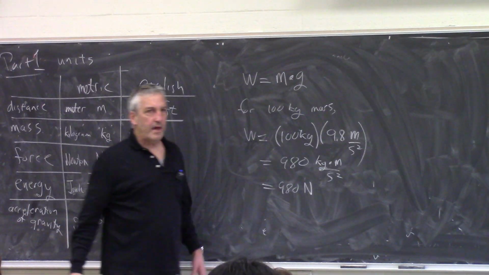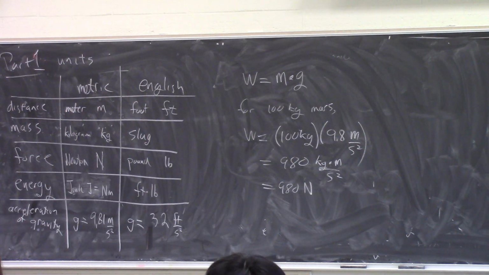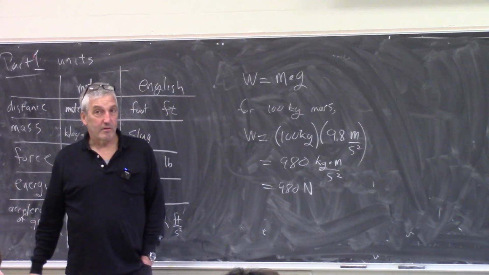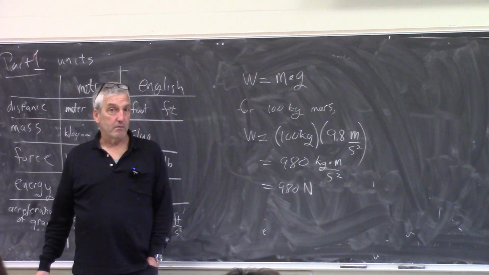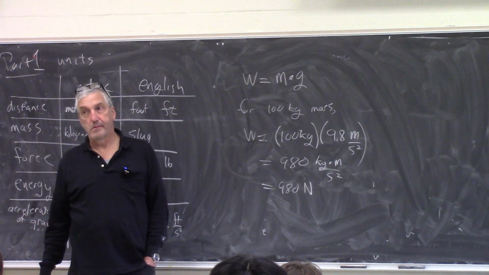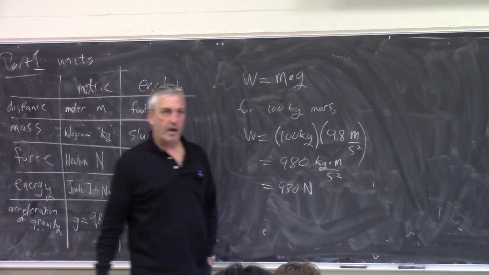So that disc in the weight room doesn't weigh 100 kilograms. It weighs 980 newtons. If you're talking kilograms, you're talking about a unit of mass. How much does that 100 kilogram disc weigh in pounds? It's about 225 pounds, 100 kilogram mass.